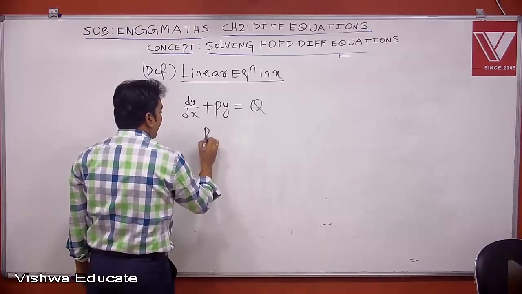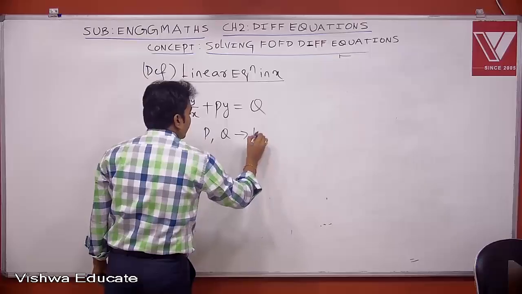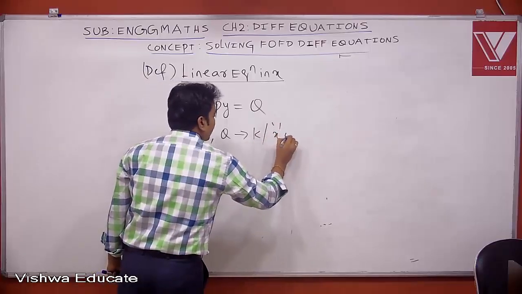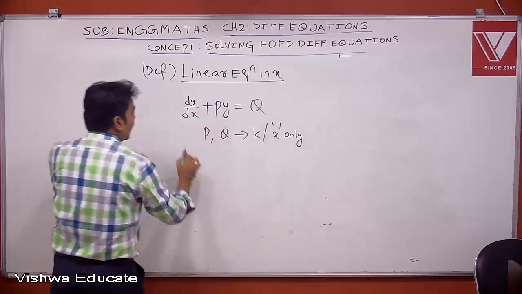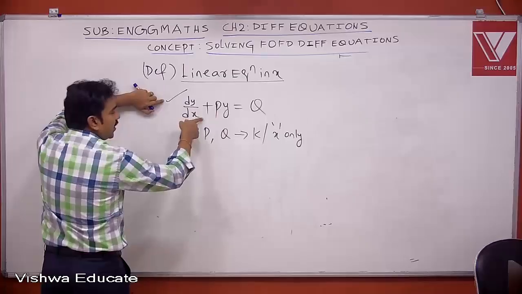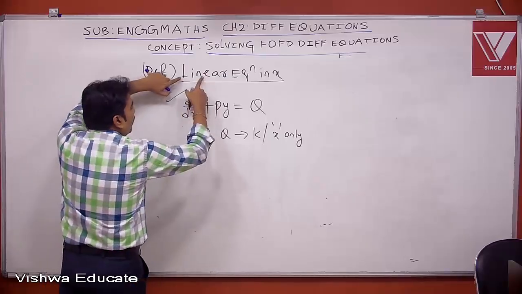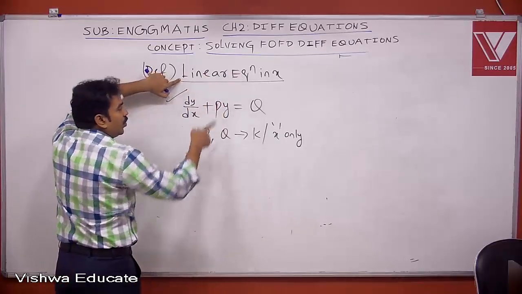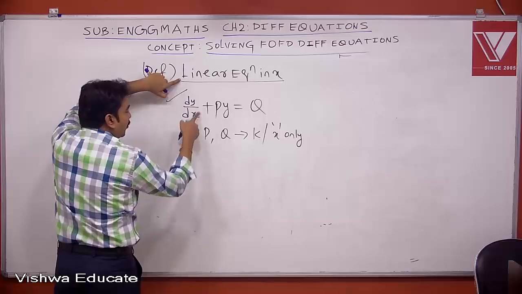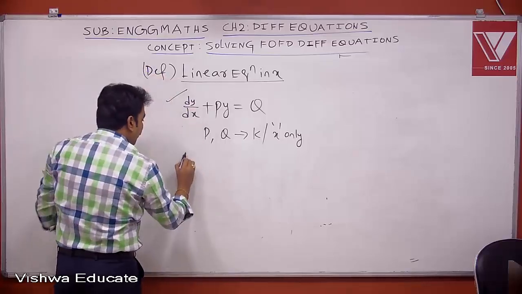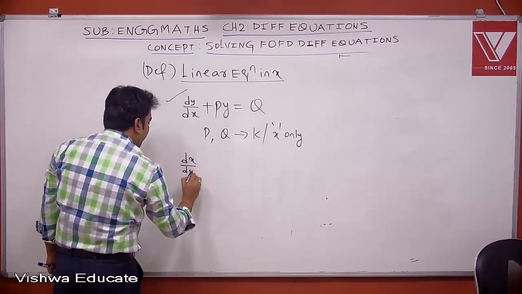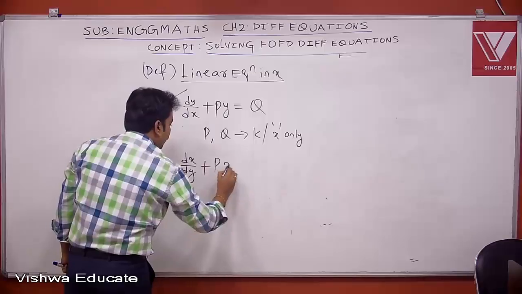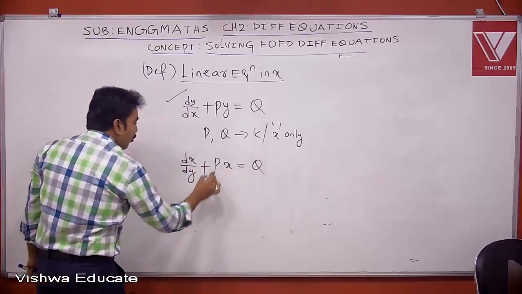Here p comma q are either constants or functions of x only. So whenever the equation is like this, it is called linear in y. Now I want linear equation in x. To get this, interchange the positions of x and y so that the equation becomes dx by dy plus px equal to q.